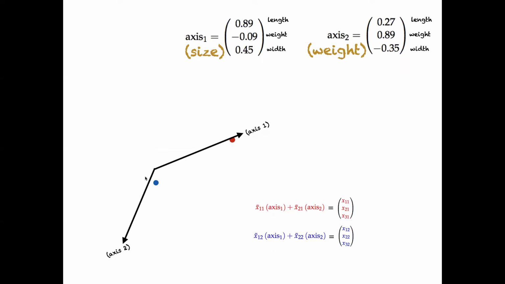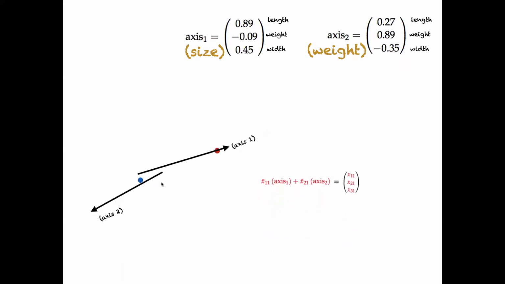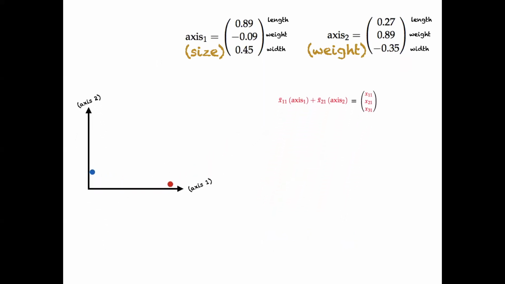This is a right angle, by the way. You can't see that necessarily just because of the way it was drawn, right? But let's flip this around into something I'm more used to looking at. Let's just rotate this around so that I take that subspace. Here's where I get to that subspace that I kind of pluck out of its original space and lay in front of me so I can look at it nice and neat. I have axis 1 and axis 2. I have my red point, I have my blue point.